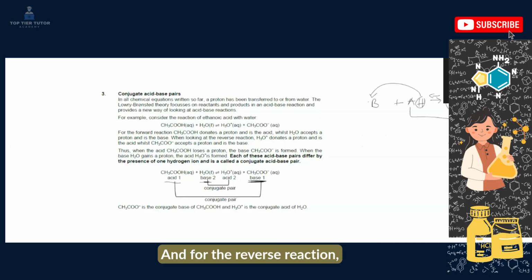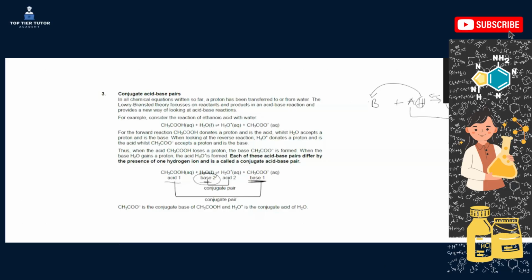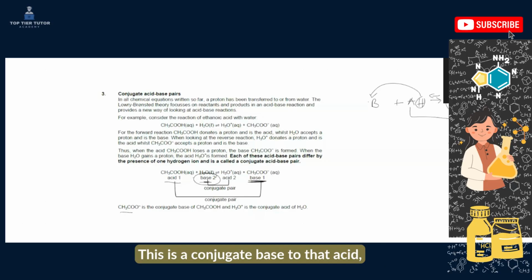And for the reverse reaction, our hydronium has an extra proton to give off, so now it becomes the acid. And because it can donate back, we do have our base being formed on this side. So this is our conjugate base and acid pair. This is a conjugate base to that acid, and that acid is a conjugate acid to that base.